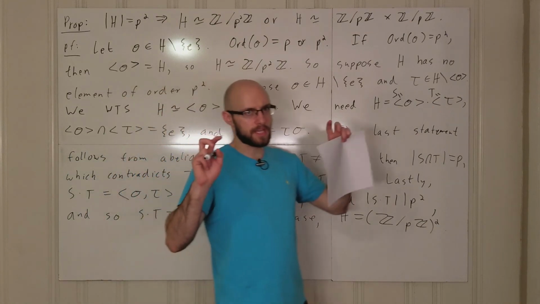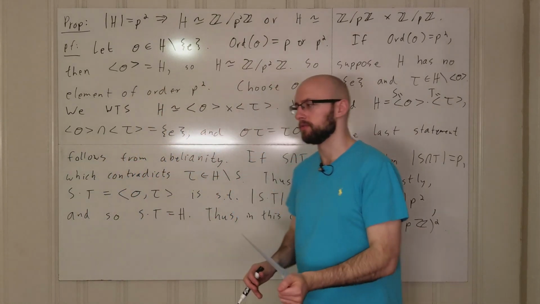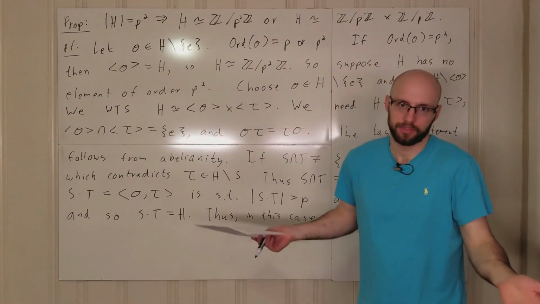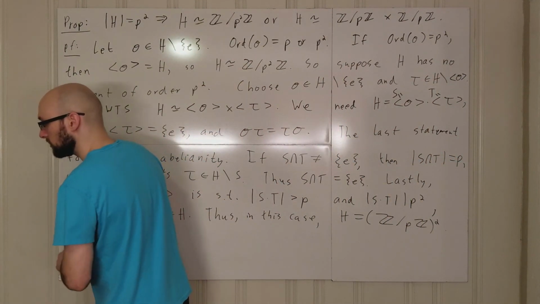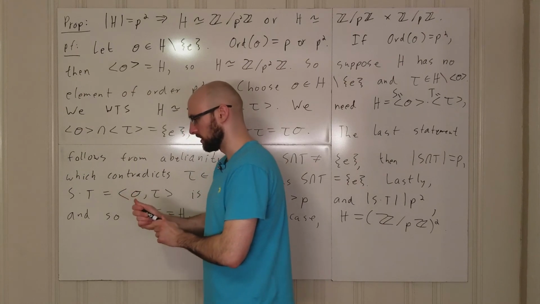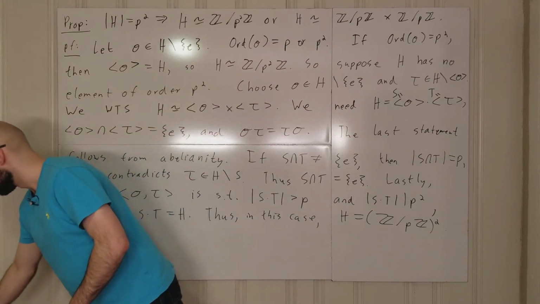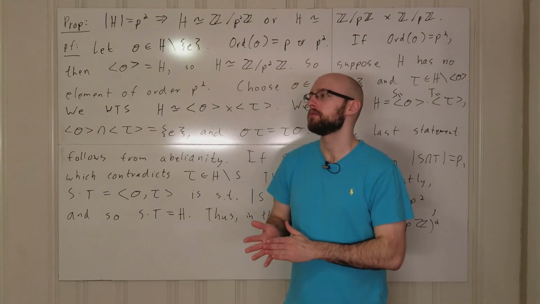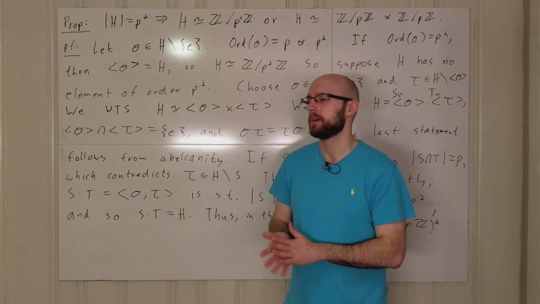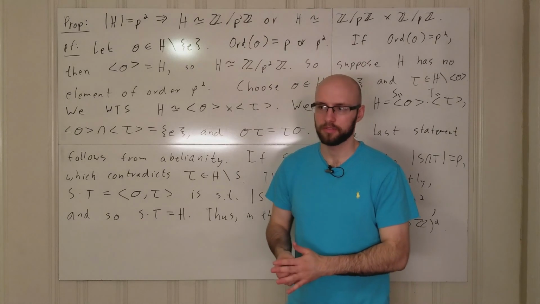Of course, when I say is, I mean is isomorphic to, but this is group theory, so we'll just call them the same thing. So yeah, that finishes this proposition. And after this, we can go on and actually talk about some actual groups of specific orders and go from there.